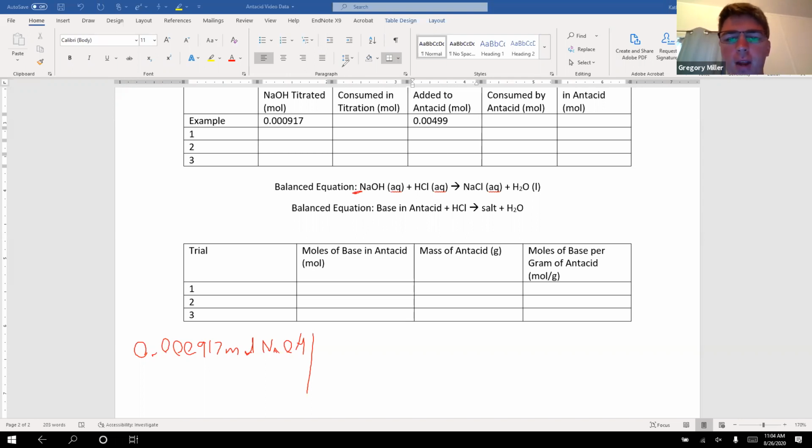So there's no coefficient in front of NaOH or HCl, so this is a 1-to-1 reaction. Again, you may notice that a lot of our reactions are 1-to-1. That's just because they're easier. The math is easier. Some of the more complicated reactions that have different coefficients sometimes use more dangerous chemicals.